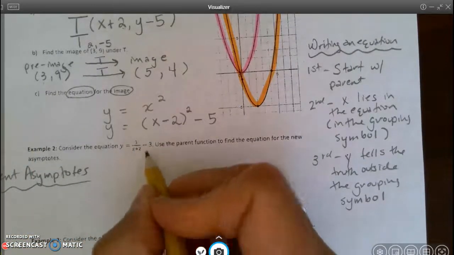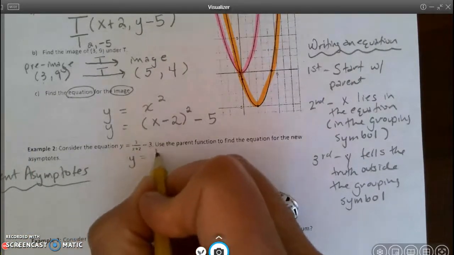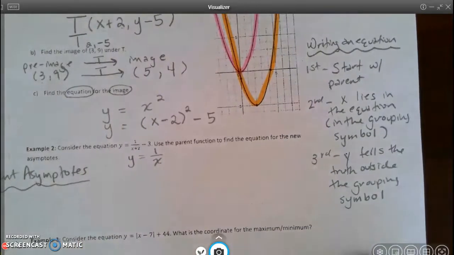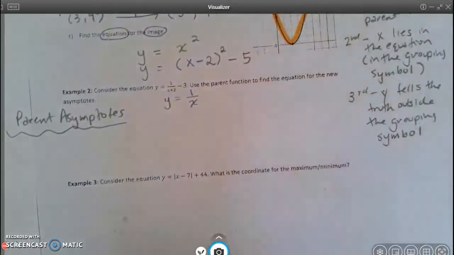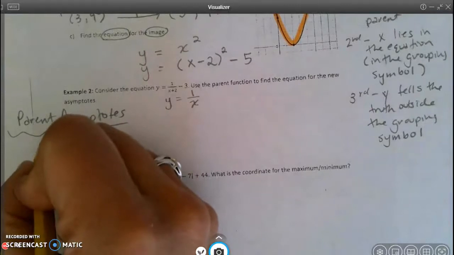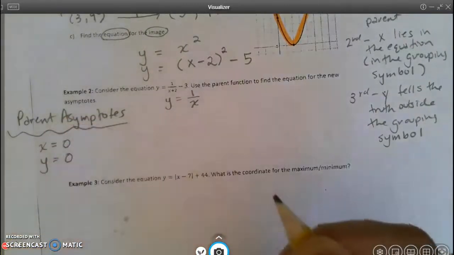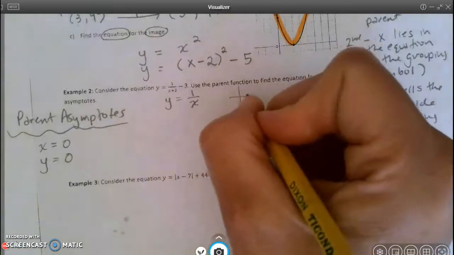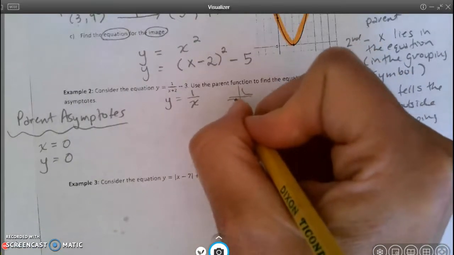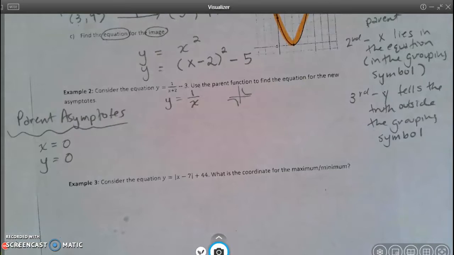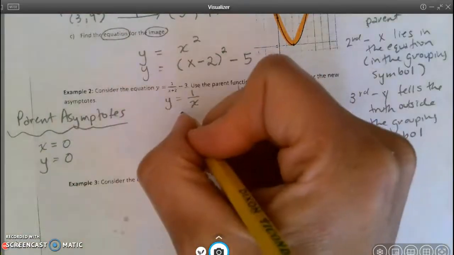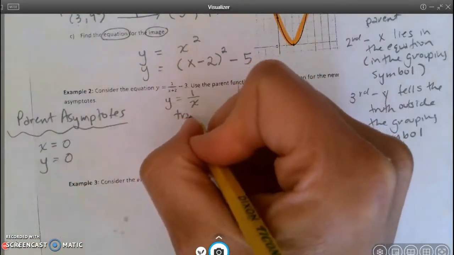And the parent function for this is y equals 1 divided by x. And our parent asymptotes are x equals 0 and y equals 0. Because this is the graph, it's going to look like that. Then I'm going to write down what my translation rule is.